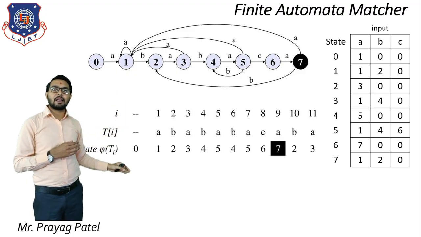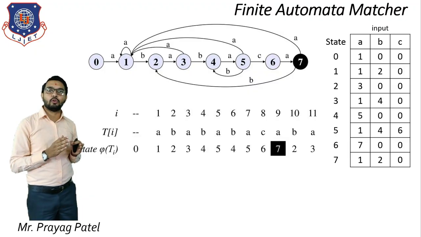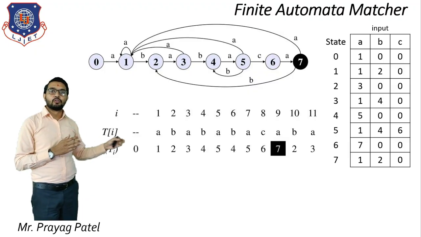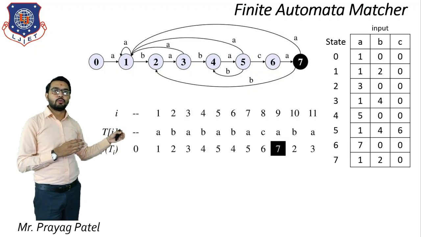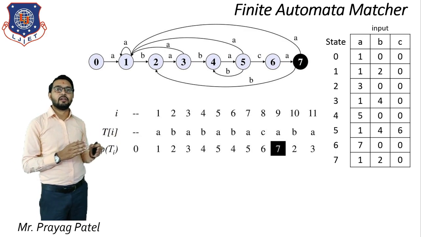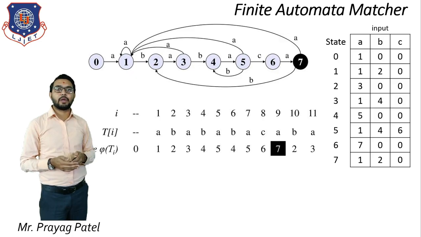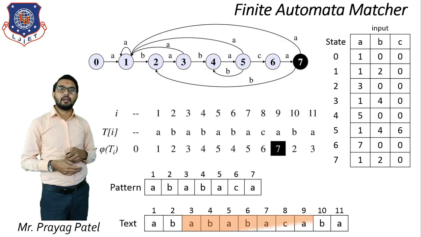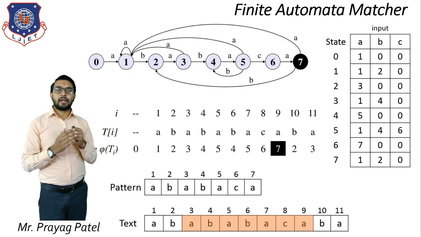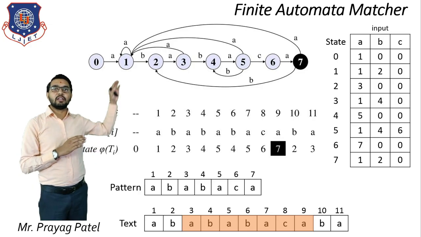In this figure, the last row represents the value of the state after each character: 0 initially, then 1, 2, 3, 4, 5, then 4, 5, 6, 7. 7 is a match, so this is the final matching pattern. So using the finite automata algorithm, your pattern is matched using this figure.